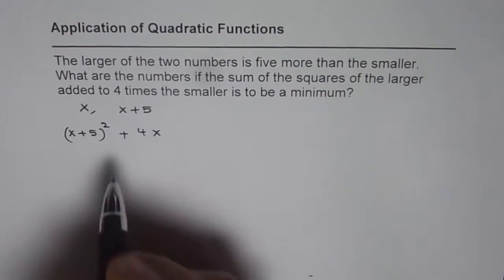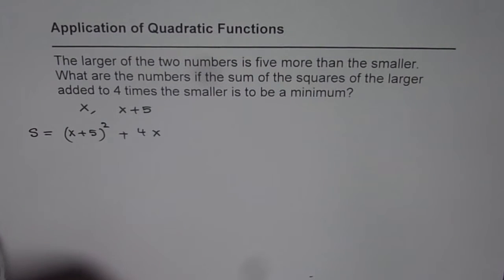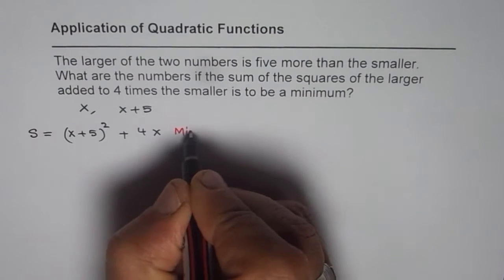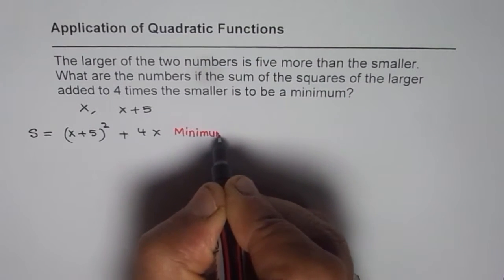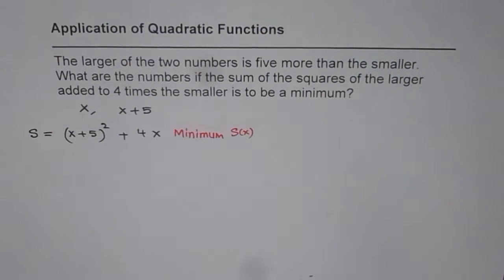So let us call this function the sum. Sum of these two, we want to make that a minimum. So that is the equation. We are looking for a minimum sum, which is a function of x in our case.